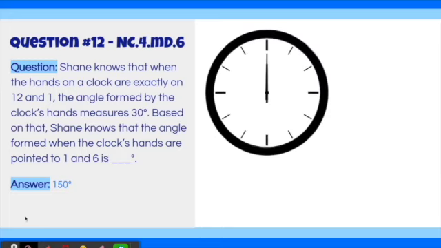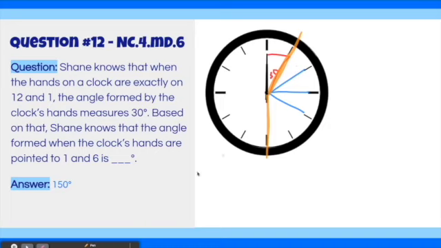So this clock, we're going to label this clock now. So we know that this section is 30 degrees. And so based on that, we also know that this section is 30 degrees, and this one is, and this one is, and so on and so forth. So now the question is asking, what is the angle when the clock's hands are pointed at 1, which is this one, and 6, which is this one.